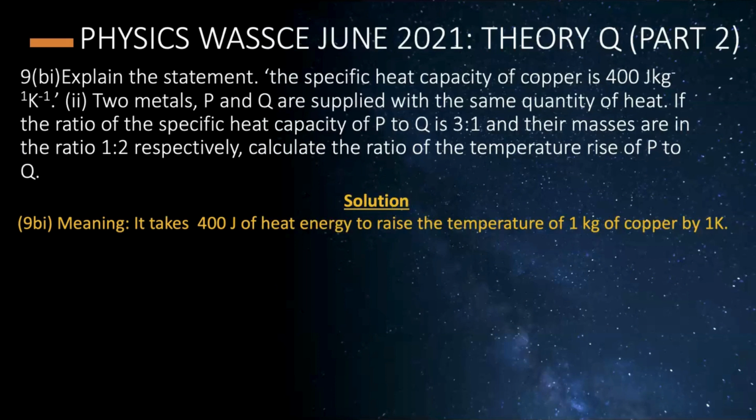So what that means is that if you are given 1 kg of copper, you will need 400 joules of heat energy to increase the temperature of that 1 kg of copper by 1 Kelvin. So if it was at 2 Kelvin, when you apply 400 joules of energy, that copper that is 1 kg of mass will have a temperature of 3 Kelvin after applying the 400 joules of energy.